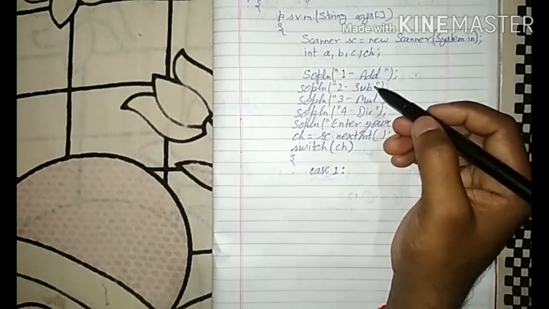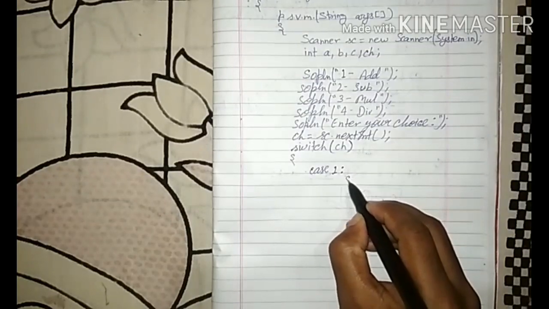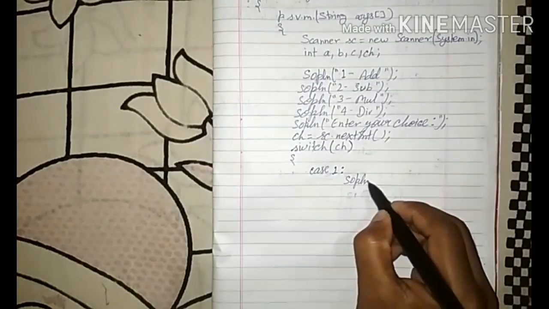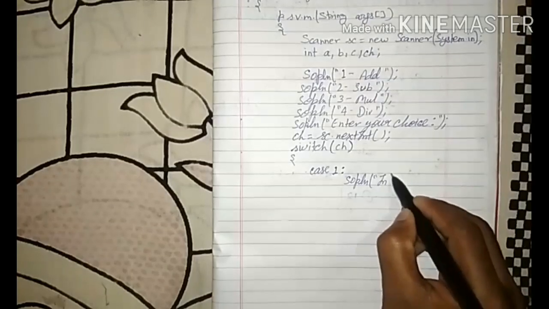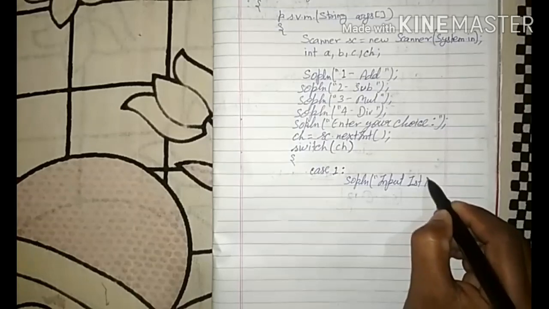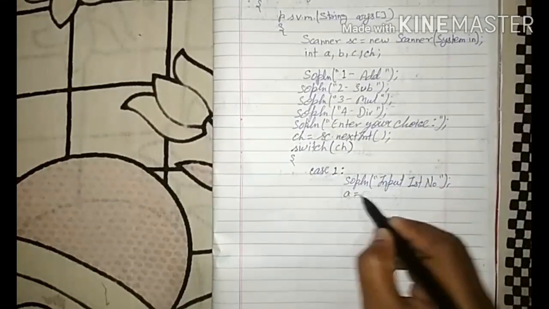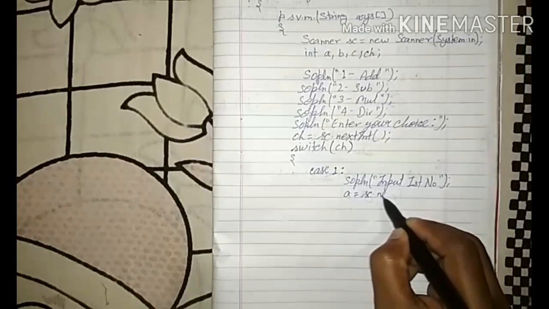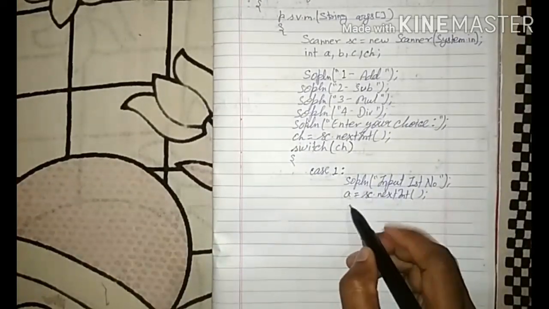So first we have to take 2 numbers. I'm writing here sopln, input first number, that is a equals sc.nextInt.